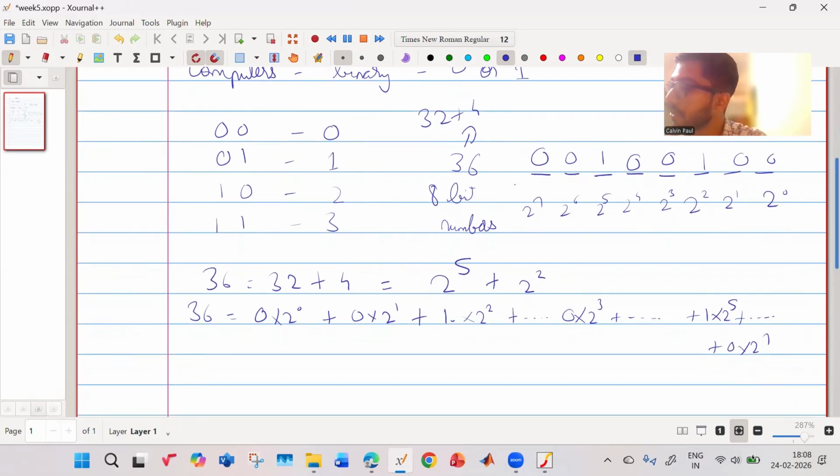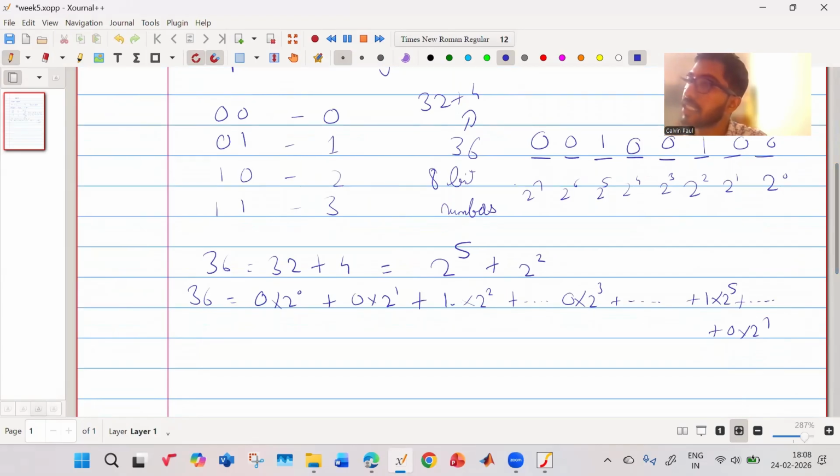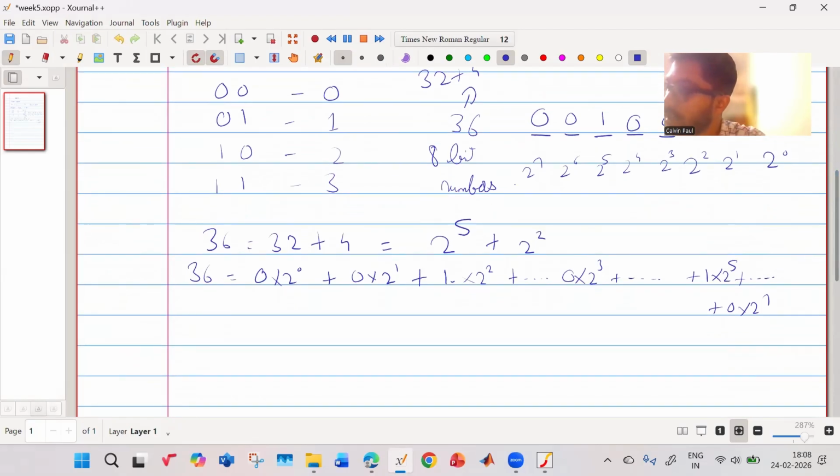Now, there are also other representations, such as octal representation and hexadecimal representation.